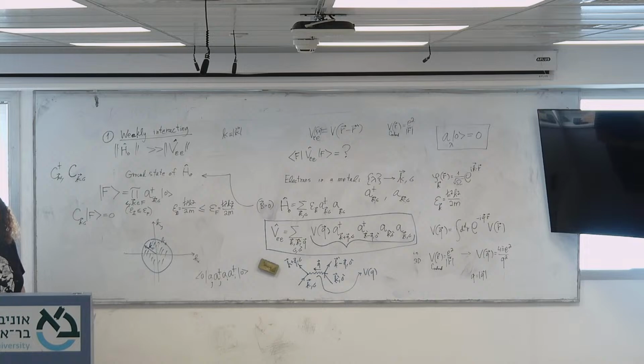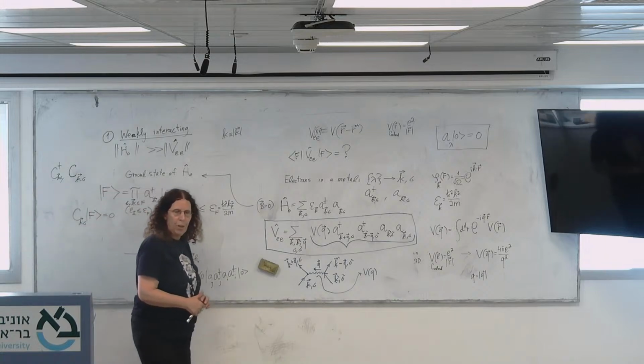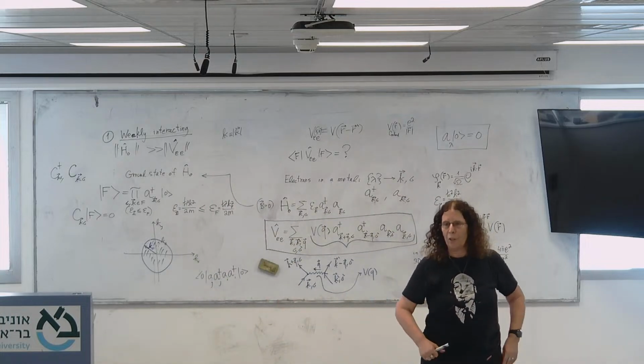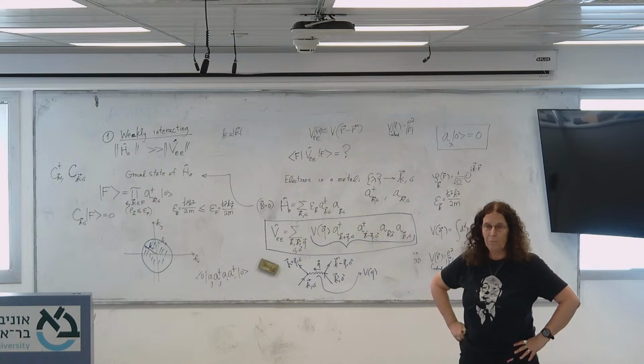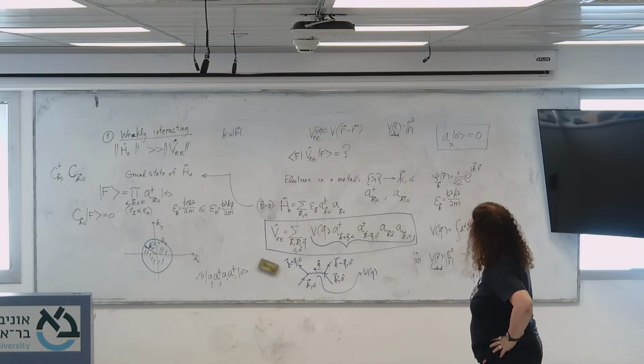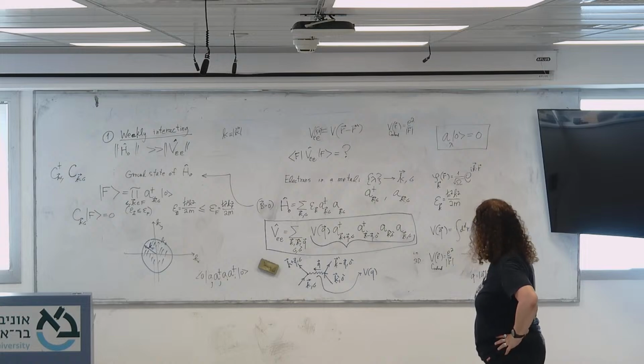Okay, that's what I want. And in terms of them, I'll rewrite, of course, the interaction, and that will simplify my calculations in all this. Okay, so we'll do it after the break.